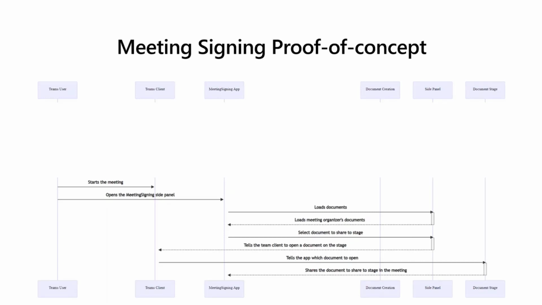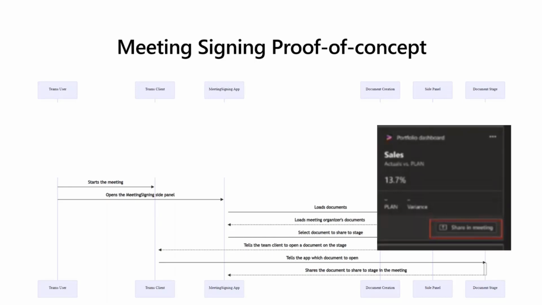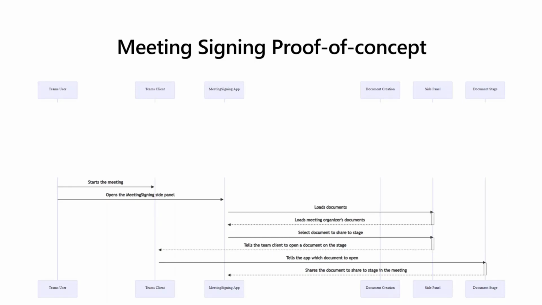So I would see all the documents that I created, each as an individual card. If somebody doesn't own any documents, they will see a different message. Again, we'll see this in the demo. From the given set of documents, I will choose which I would like to share and click the share to meeting button.